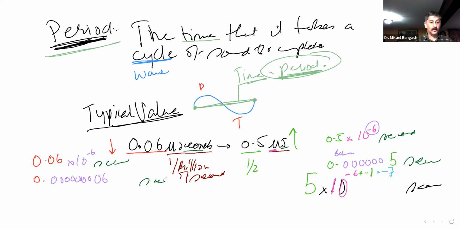Or likewise, if you want to write it as a whole number, the 6 becomes 6. You had your 10 raised to the power minus 6, which was the micro.